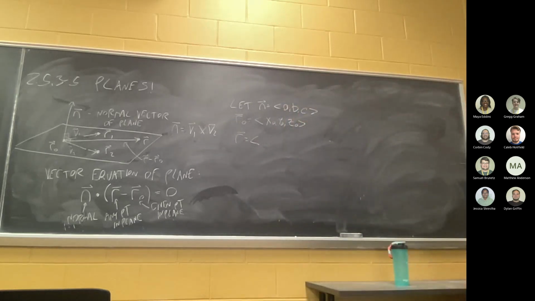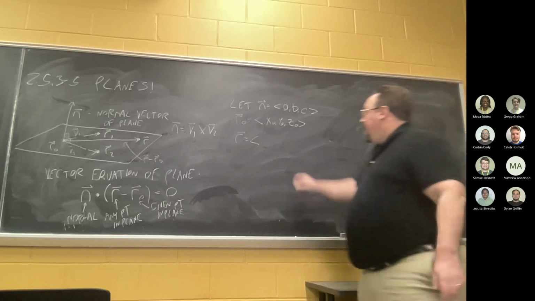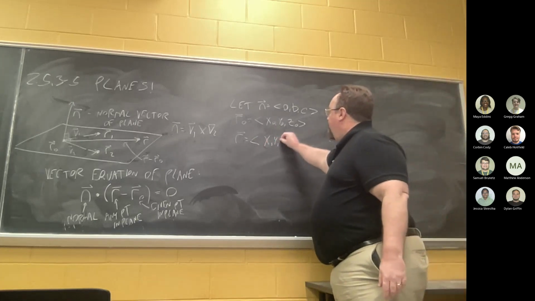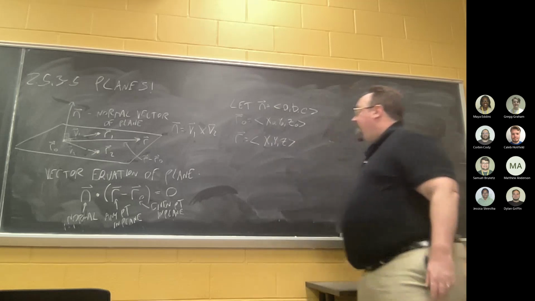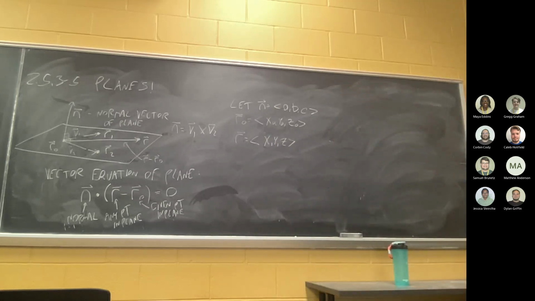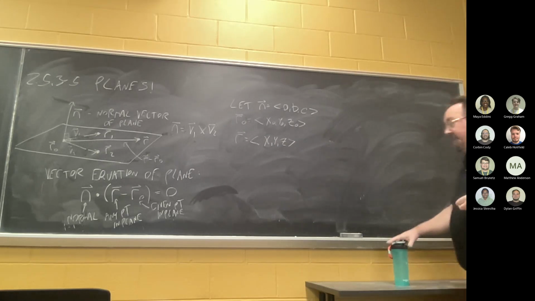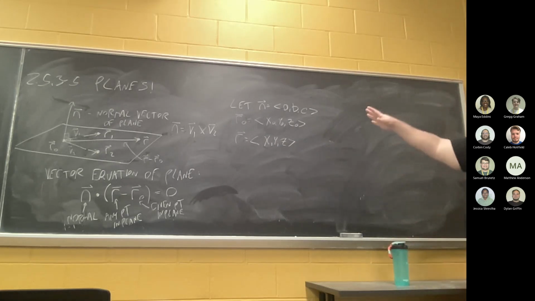And then R is some generic point somewhere in the plane that has components x, y, z. Now substitute all of those into the vector equation of a plane.